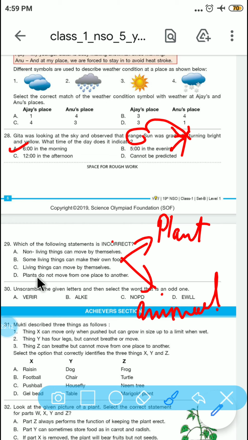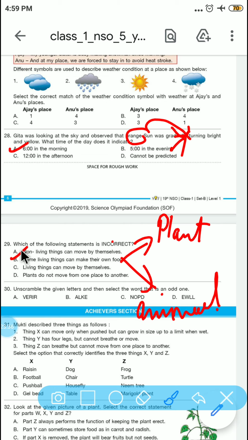So living things can move by themselves, it is also good. And plants do not move from one place to another, it is also correct. So the only incorrect option we have is option D.